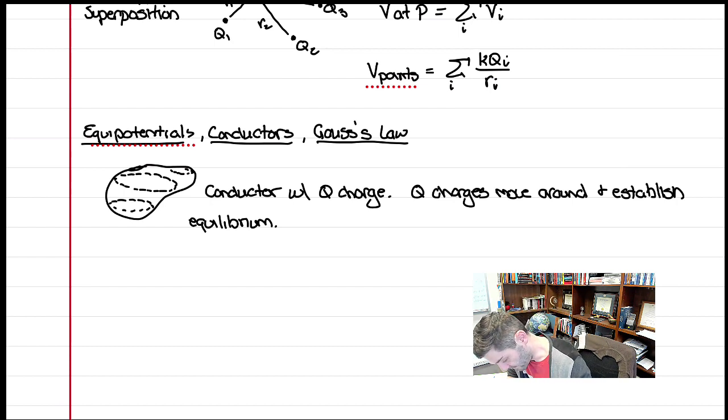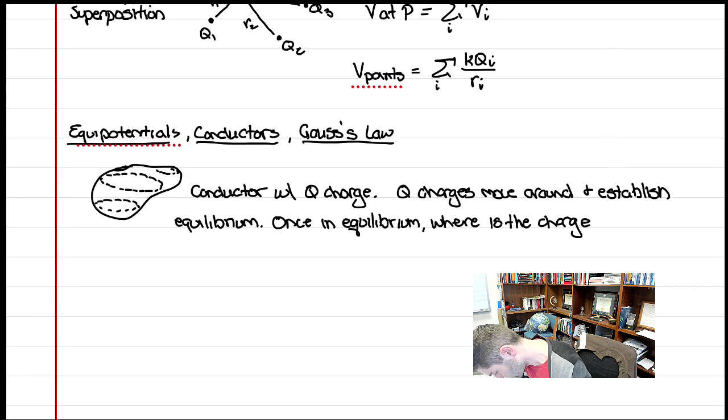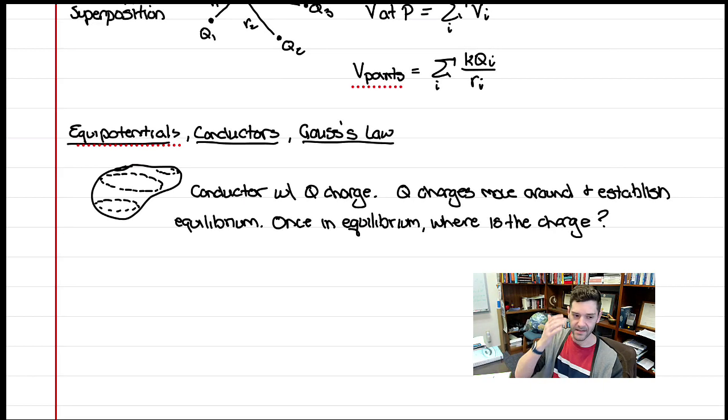Once in equilibrium, where is all of this charge? Is it uniformly spread throughout? Did it all bunch up in a corner?